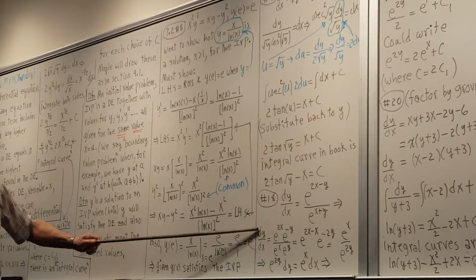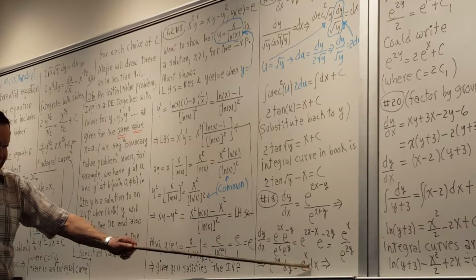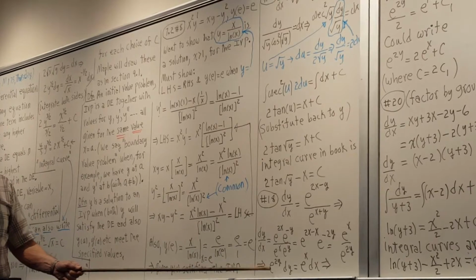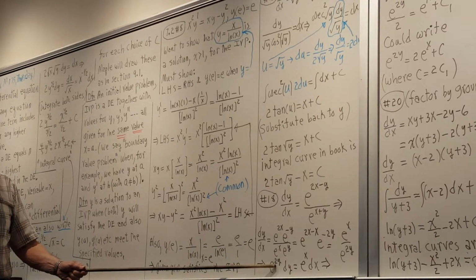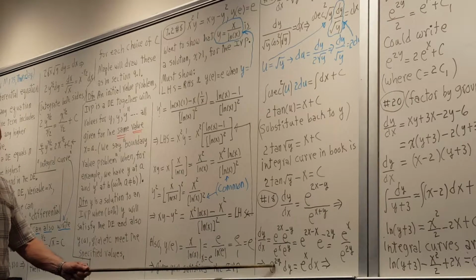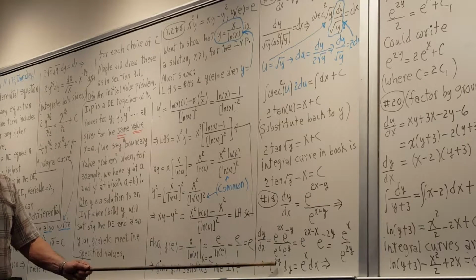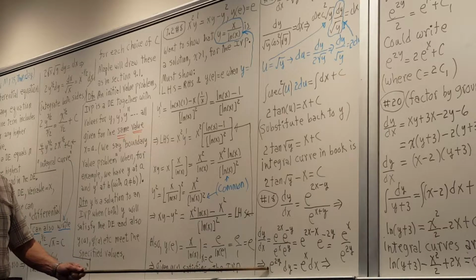You separate variables: e to the 2y dy equals e to the x dx. As I'm saying, this is not a linear differential equation because your y appears as the argument of another function.